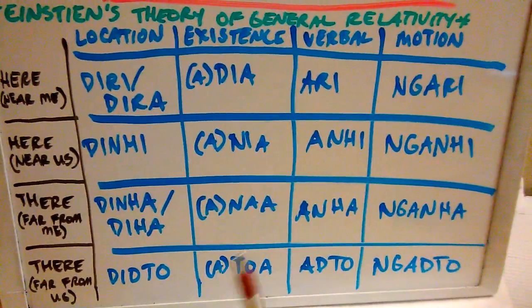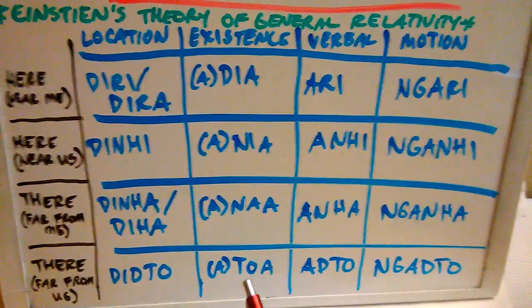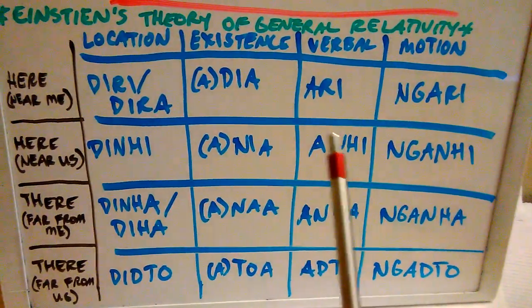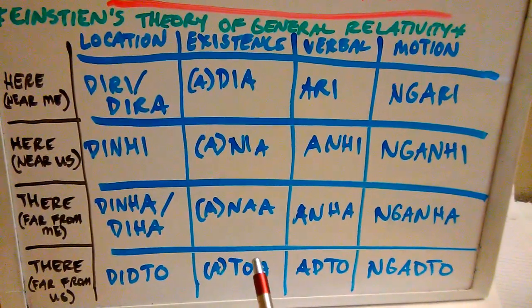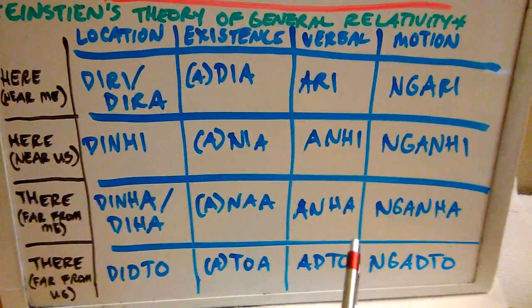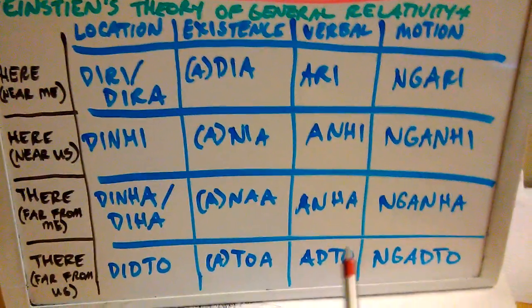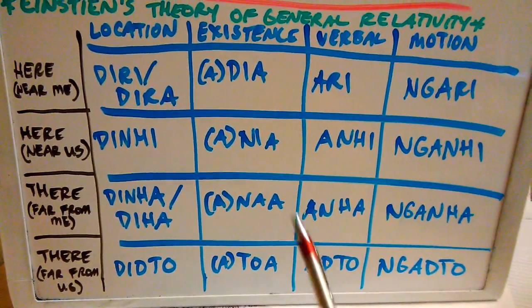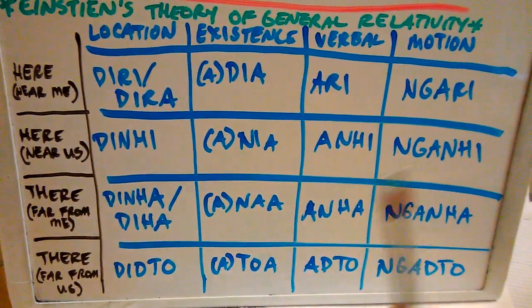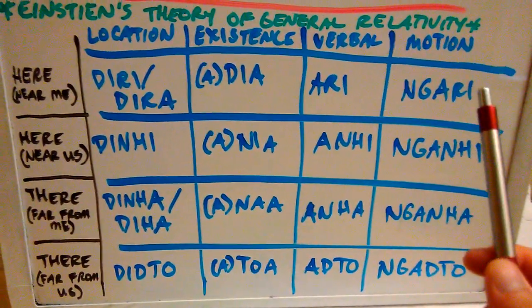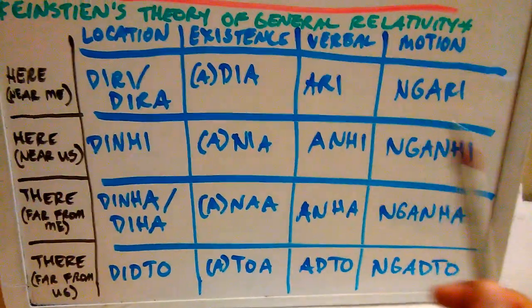Verbals, we have ari, which is just coming towards me, coming really close to me, right? Like a pinch. Anhi, which is coming to me, it's close, okay. Anha is now you're leaving me. You're leaving my vicinity. And adto is going away, like really far away. Finally, we have a category for motion. We have ngari, right?